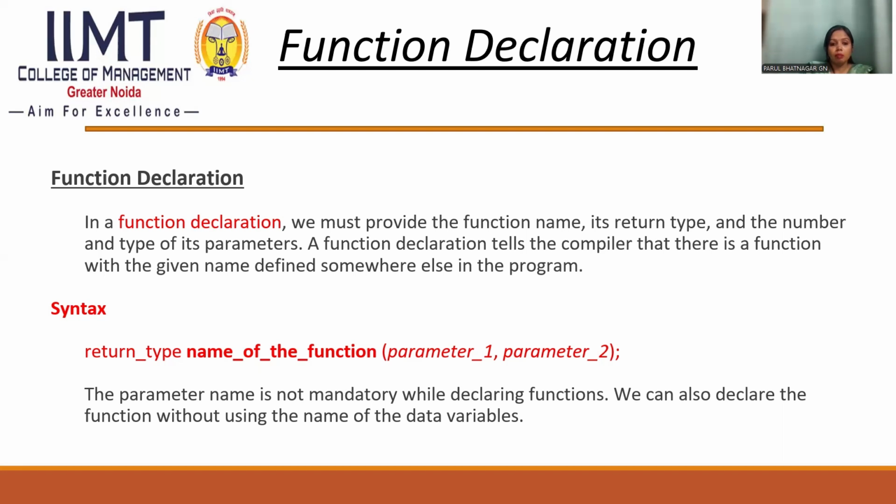First come return type, then name of the function. In between of brackets, we define parameters and it ends with semicolon. The parameter name is not mandatory while declaring functions. We can also declare the function without using the name of the data variables.